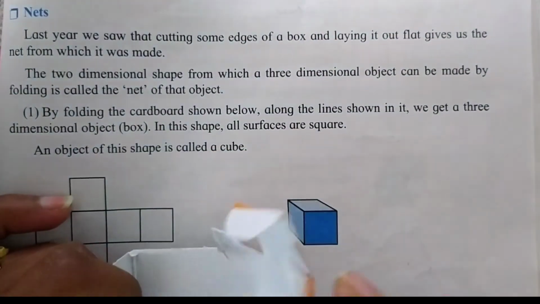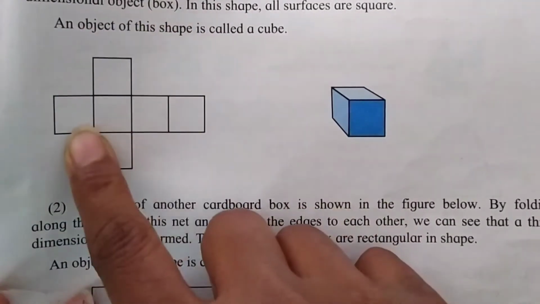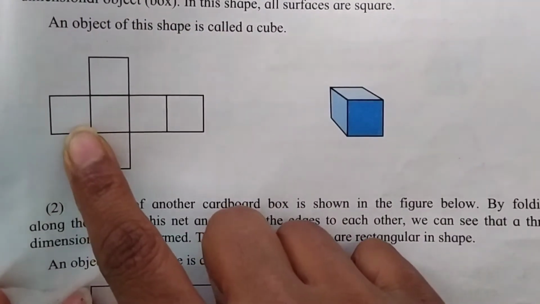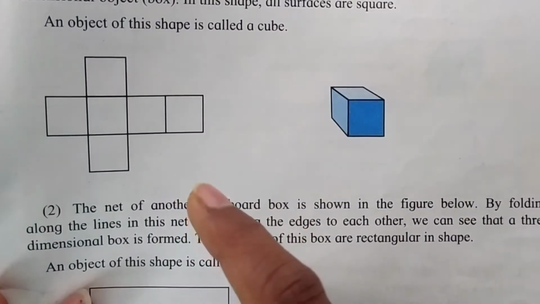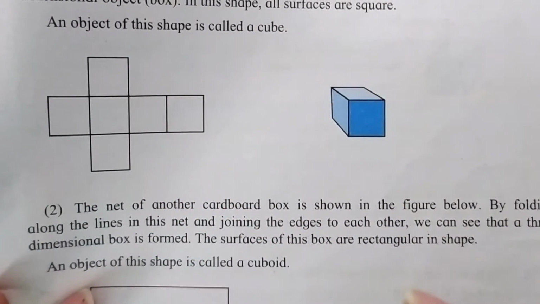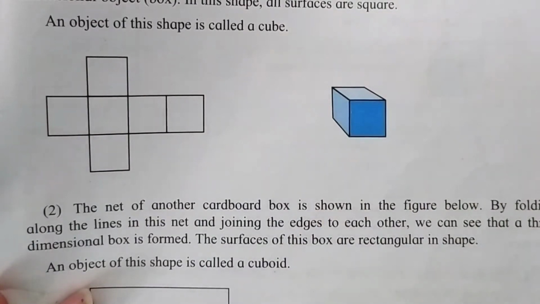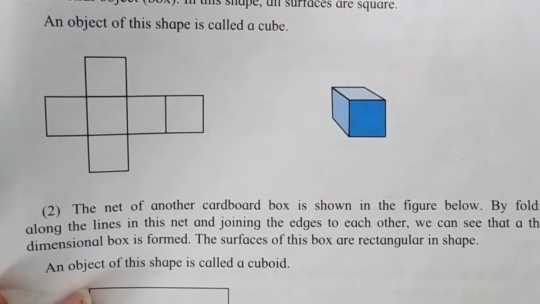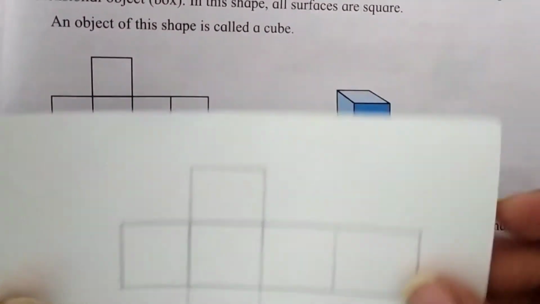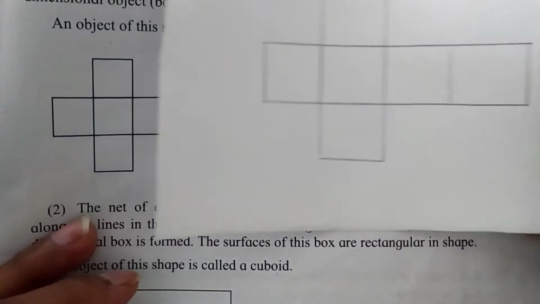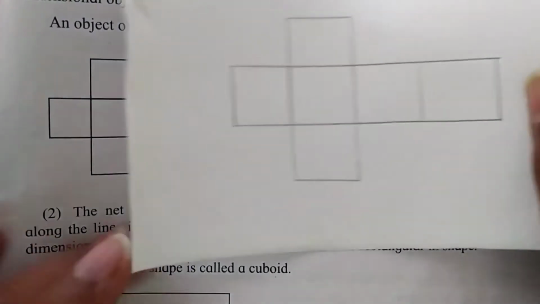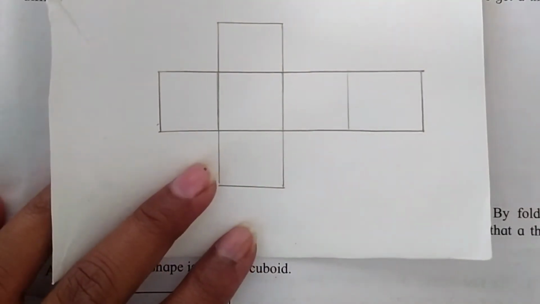By folding the cardboard shown below, look here, one shape is given. When we fold this type of cardboard, we find a three-dimensional object, that is a box, like this. For it, I take a paper, and in that paper I make this type of shape. Now we are going to cut it.